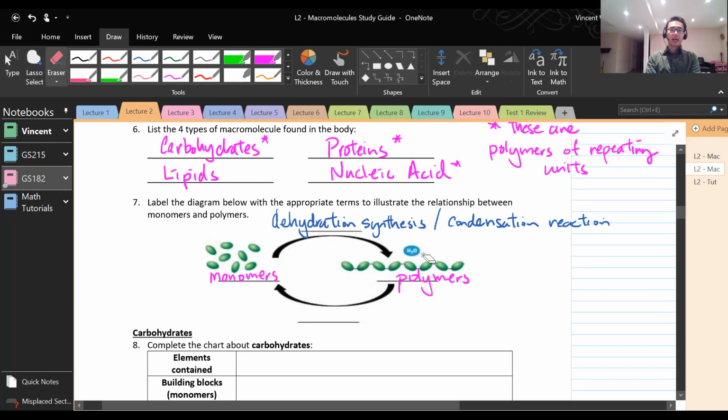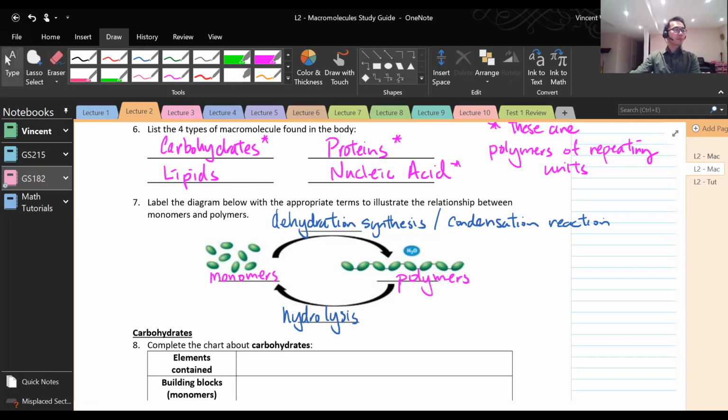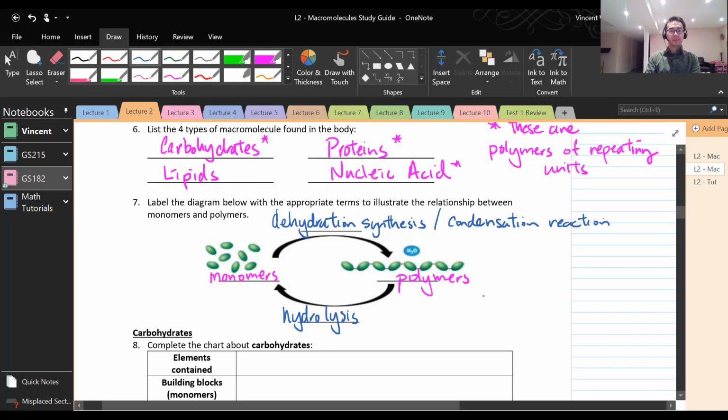That's why there's a water molecule here. And when you want to break the polymers, after we consume them for energy, you can break them down using the reverse process, which is hydrolysis. To break it with water. Hydro is water, lysis is to break.